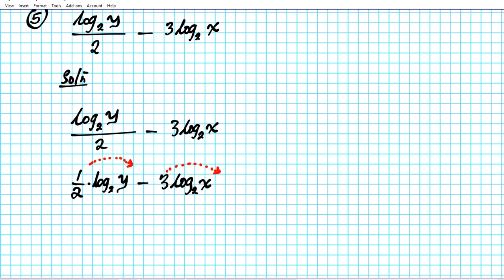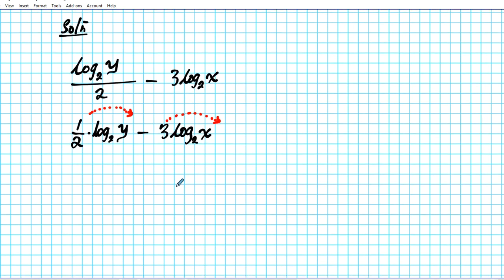So we now have log base 2 of y raised to the 1/2 power minus log base 2 of x to the third.